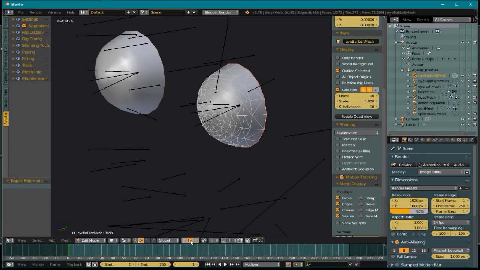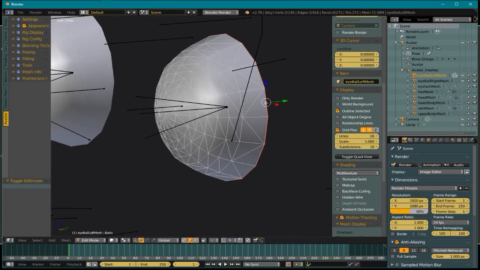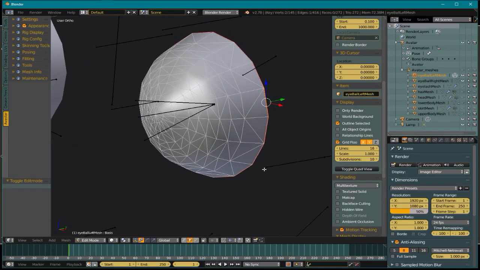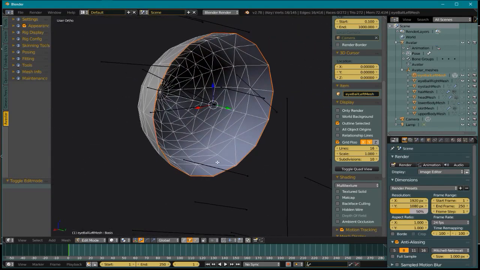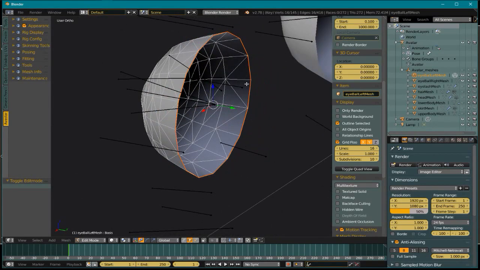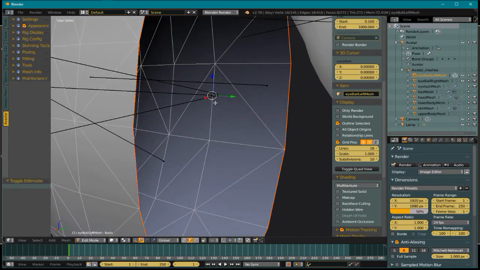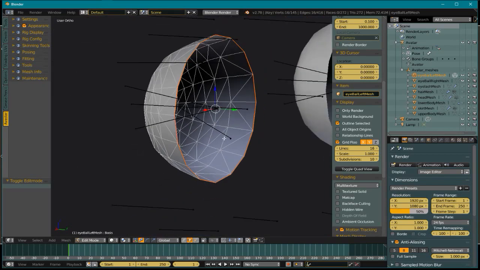Now, with the Second Life eyes, at least the default ones, this last ring, I'm pretty sure, is the center of the eye. So if you select that whole ring around, we should get the exact center pivot point of the eyeball.